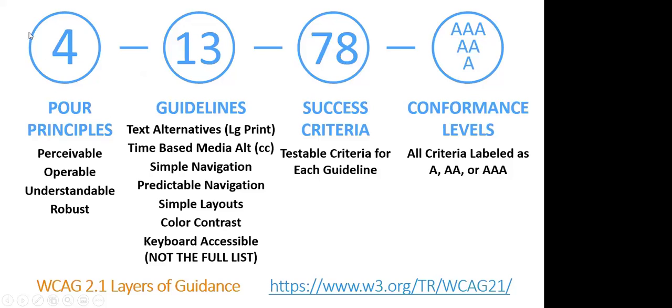The 4 guiding principles, you will hear them characterized by the acronym POUR. That is, your training needs to be perceivable, operable, understandable, and robust. In the simplest definitions I can give you, perceivable is that it's easy to perceive, easy to see.